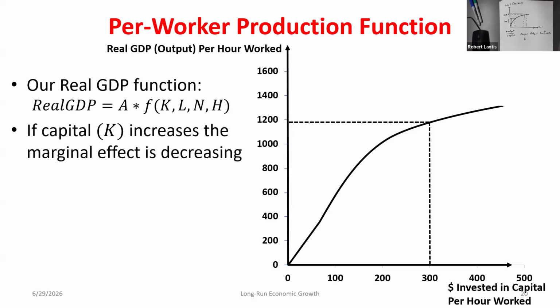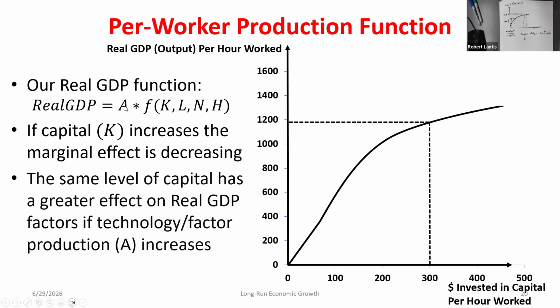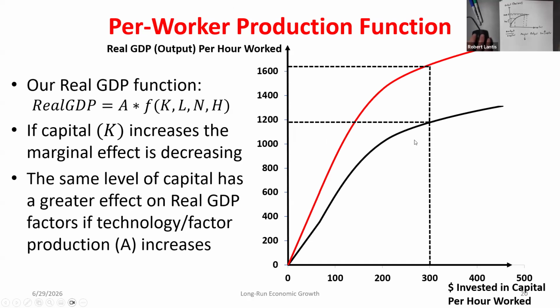Now, if I'm increasing the level of capital along this curve, but I have total factor productivity or technology improvements, then the same amount of capital invested is producing more output, but I can also notice something about the slope, or the marginal output, of these two production functions.